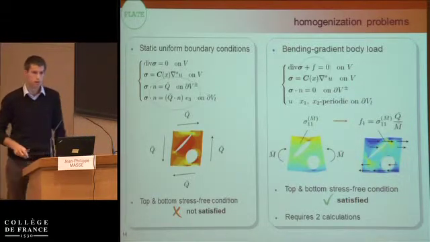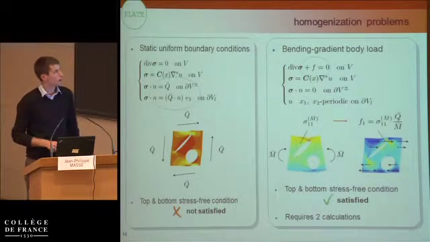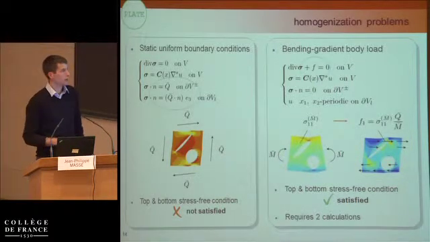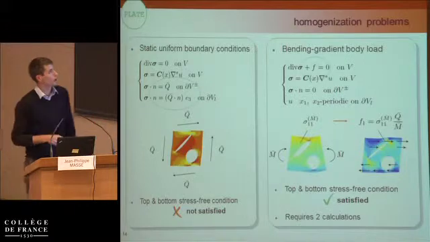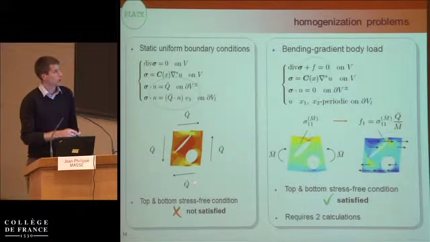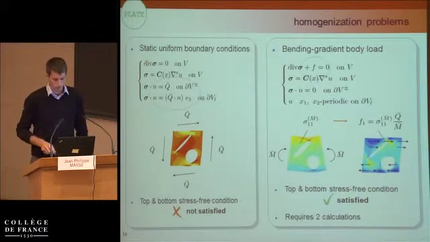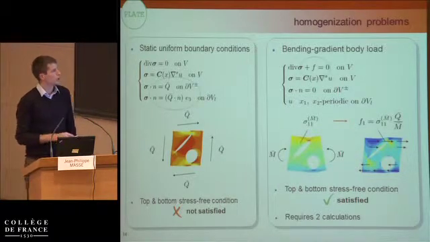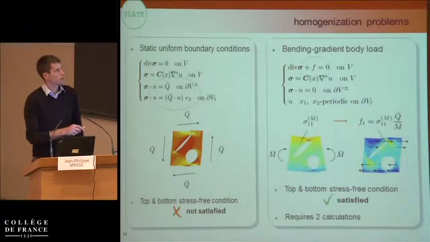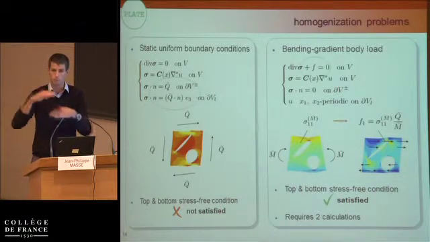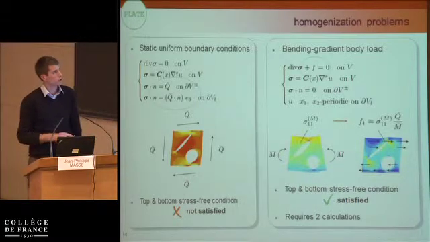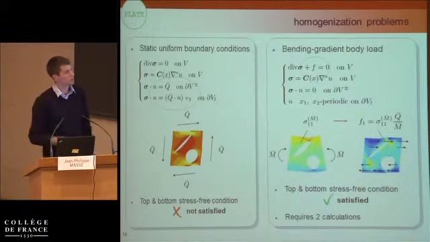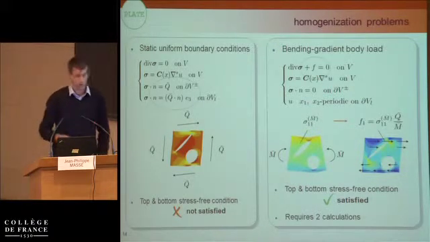Now I'm talking about the transverse shear, and it's not trivial to apply transverse shear on a unit cell. The easier way is to put static uniform boundary conditions, so we put shear force on all of the faces of the unit cell. But we don't really satisfy the stress-free condition on the top and bottom of the panel. A nice formulation of bending gradient body load has been introduced by Cartreau and Lebe.